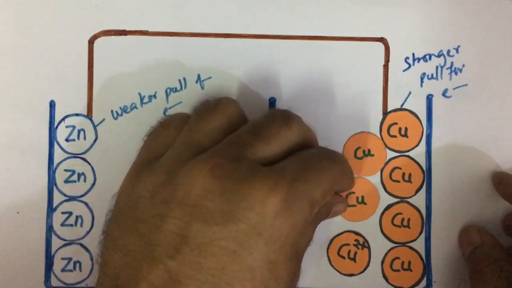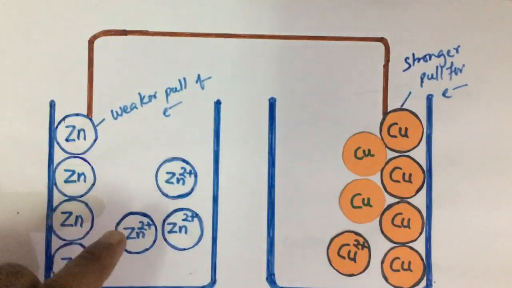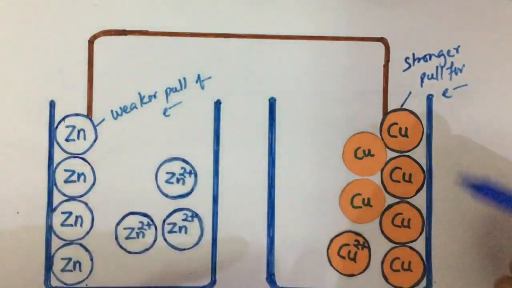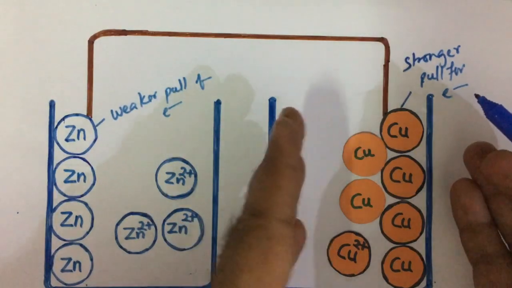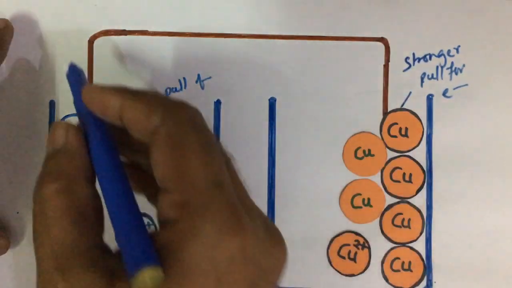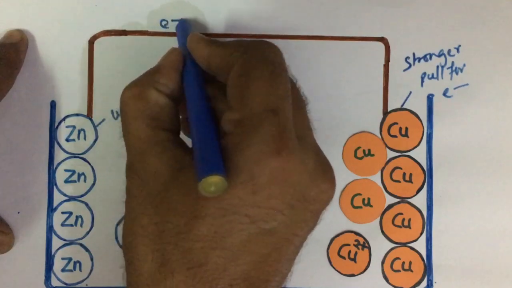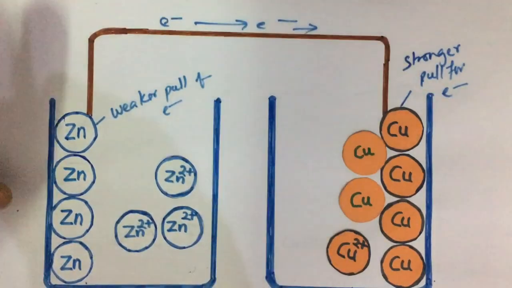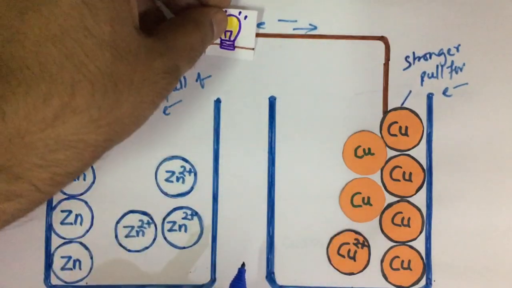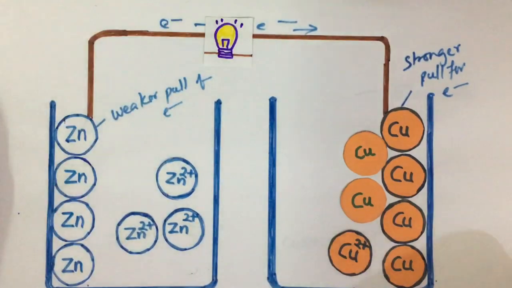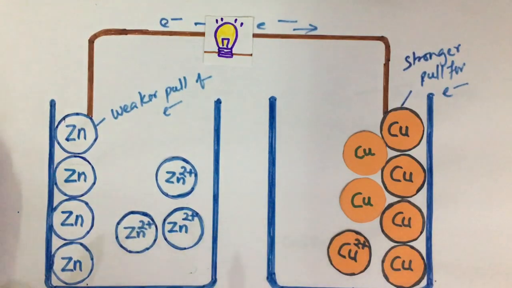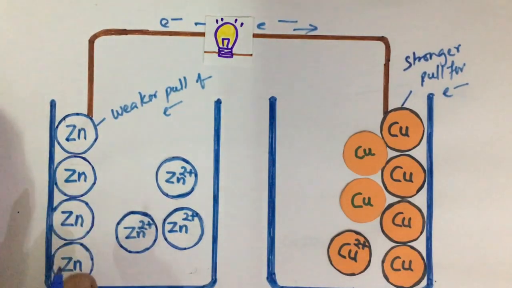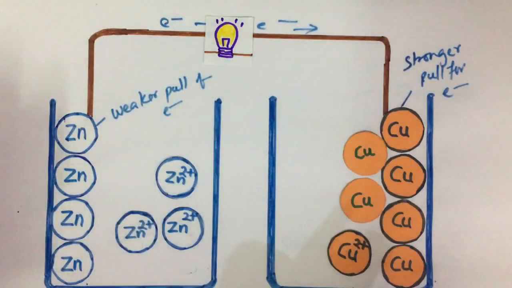So the zinc rod starts dissolving and becomes thinner, and the copper rod starts depositing and becomes thicker, and through the movement of electrons from zinc to copper, electricity is generated. We can put a bulb here which glows. So this is how electricity is generated by the moving of electrons.